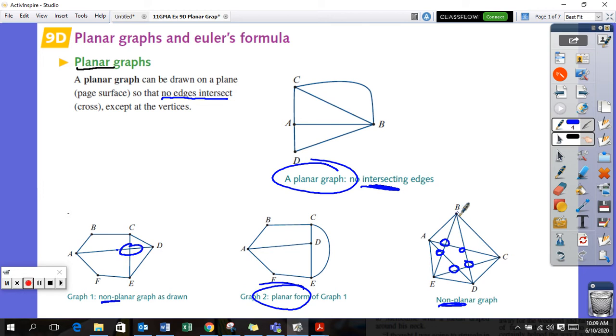So we go from B to D on the outside and we get rid of these 2 intersections, and we can go from B to E on the outside and get rid of these 2, but we've still got to go from E to C. So we can't get rid of all the intersections, so this one is a non-planar graph. So that's what a planar graph is.